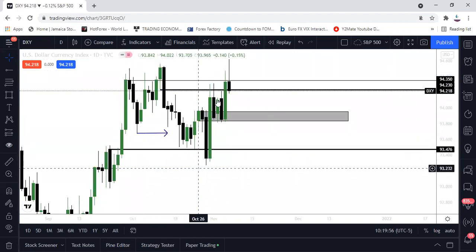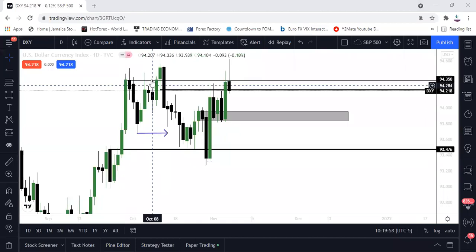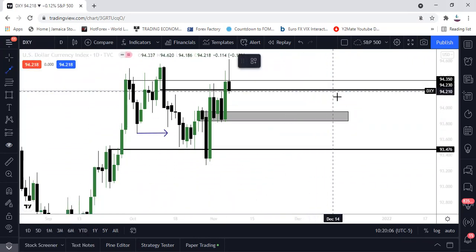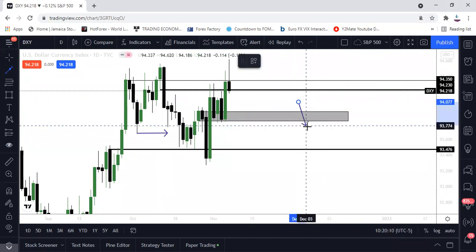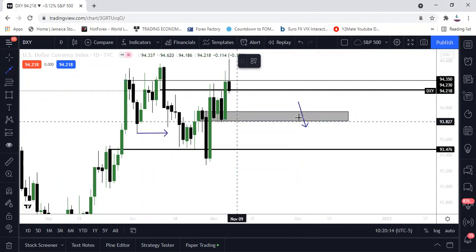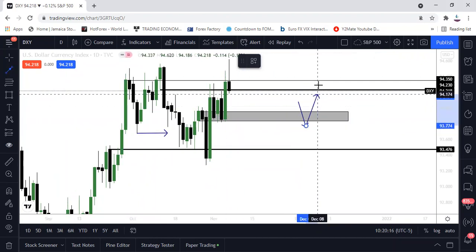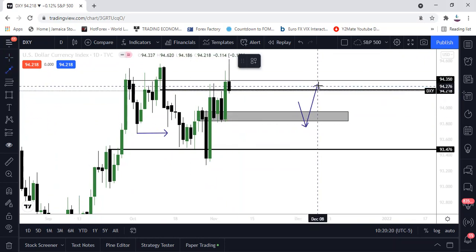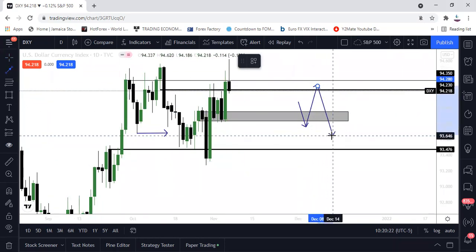So we have a range in here where, let me see if I can draw this. It looks like this. There's a drop, and then it raids that high. Then that low gets raided.